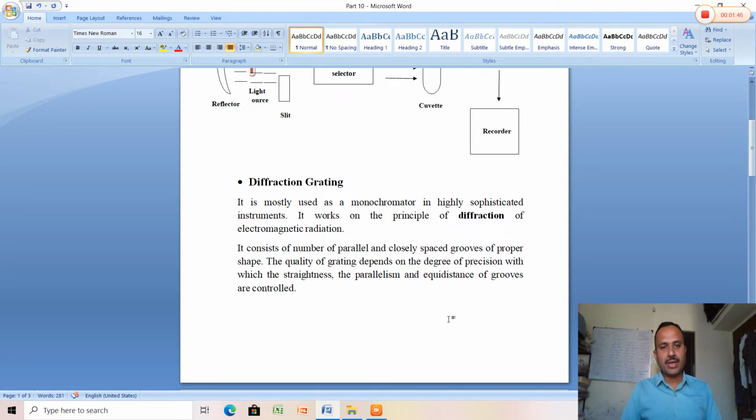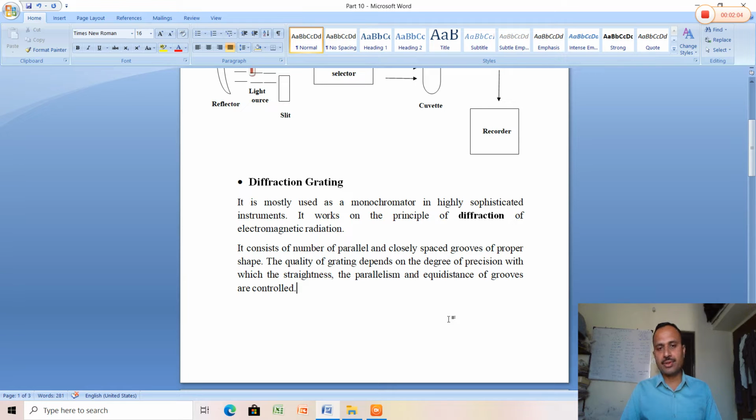Now, what is diffraction grating? It consists of a number of parallel and closely spaced grooves of proper shape, generally zigzag shapes. These should be parallel and closely spaced.